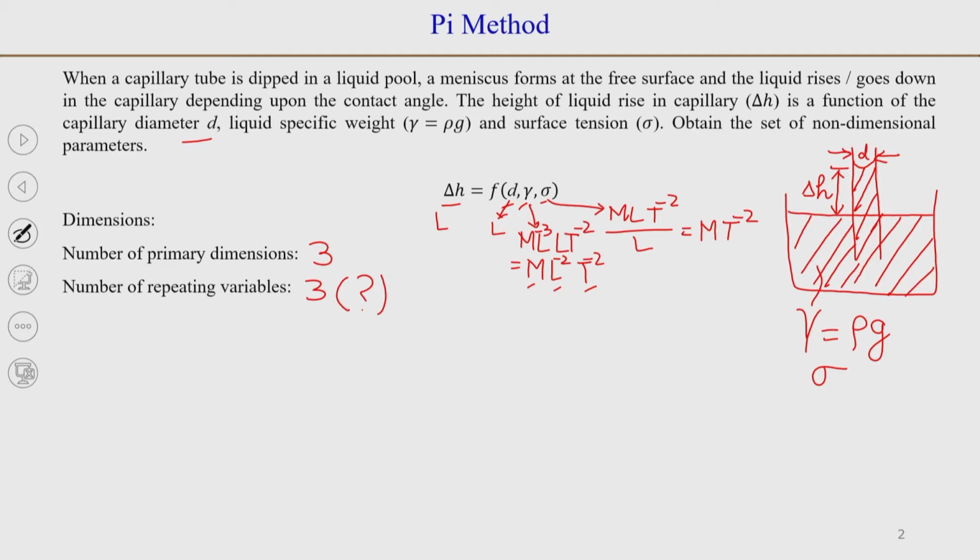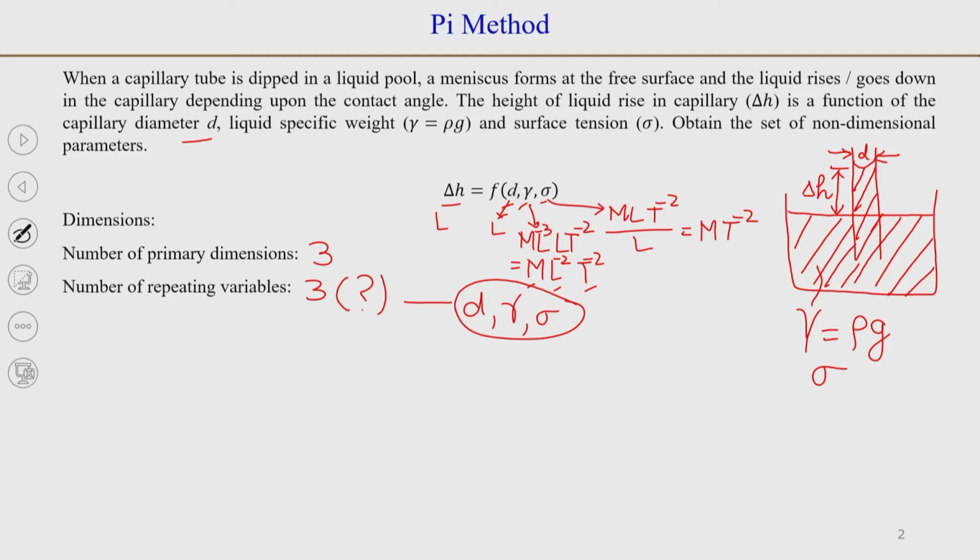The 3 repeating variables can be d, gamma and sigma. Before forming a dimensionless group from this, one condition is that these repeating variables should not form a group among themselves.